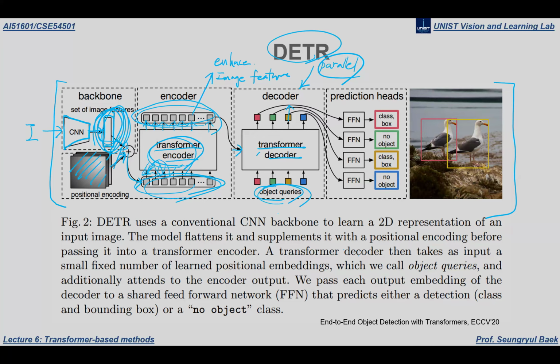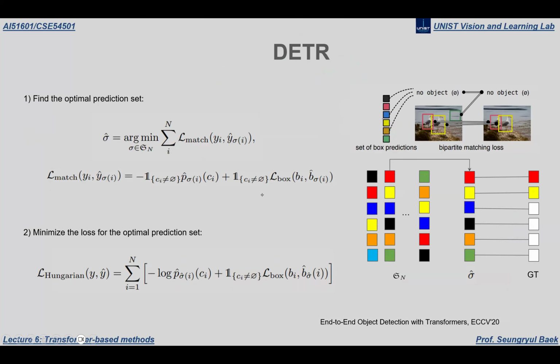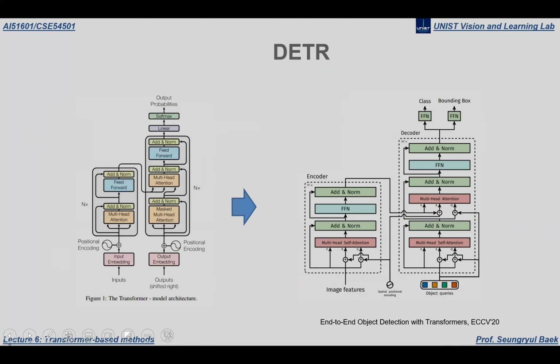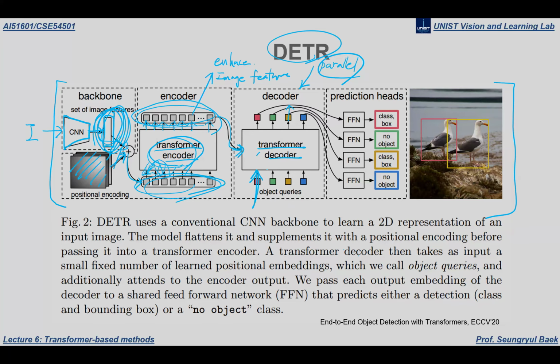And when we give some semantic meaning to these object queries, DETR training becomes faster and converges better than before. Anyways, these object queries are randomly initialized vectors.